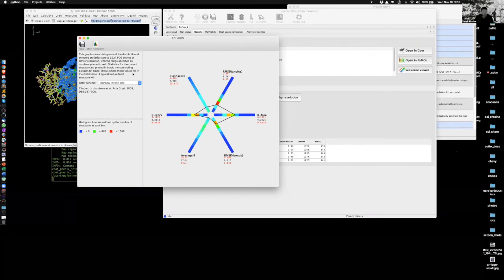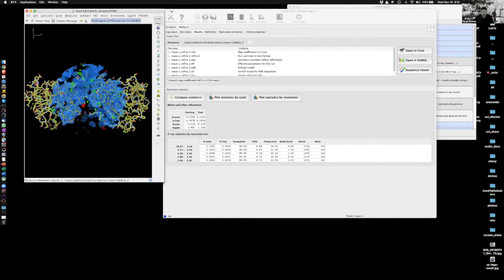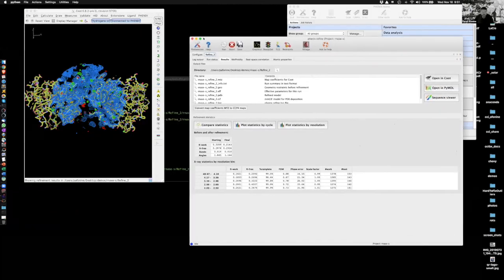But the polygon picture tells you a summary of basic information, the global picture. So you are good on a global scale, but we still need to go and look locally. And that means we go through all the steps. We always do this after refinement.